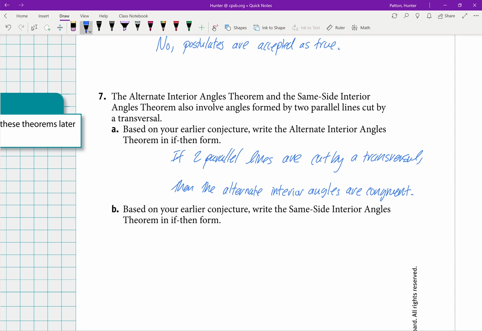I guessed earlier that alternate interior angles are congruent when the lines are parallel, so that's what we got there.